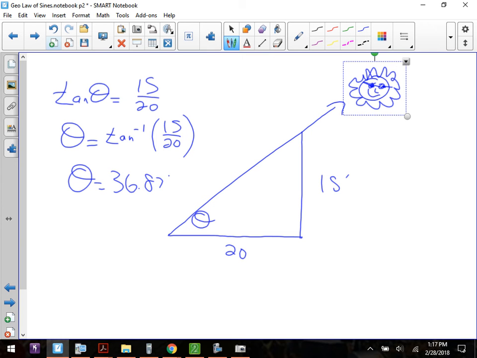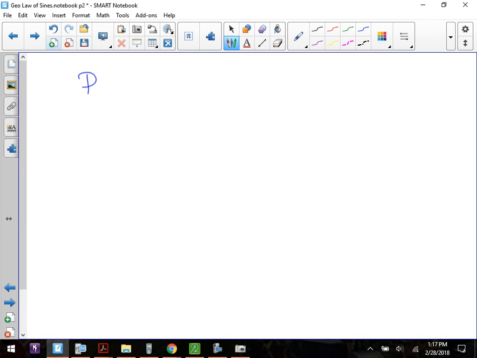Now, if you go to the front page, let me give you a hint on certain things I would do. Page 1, 1 through 4 is just Pythagorean theorem. Whenever you're trying to find a missing side length of a right triangle, you're just using Pythagorean theorem.